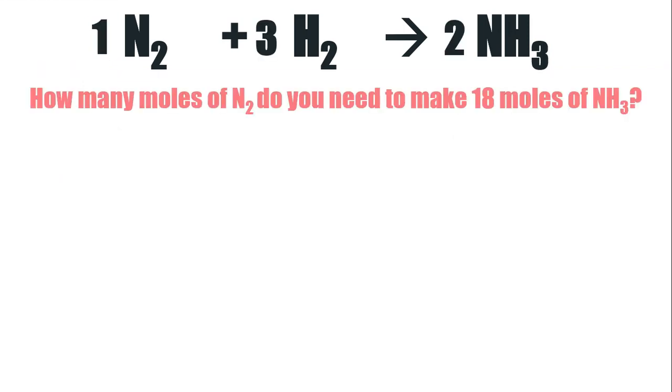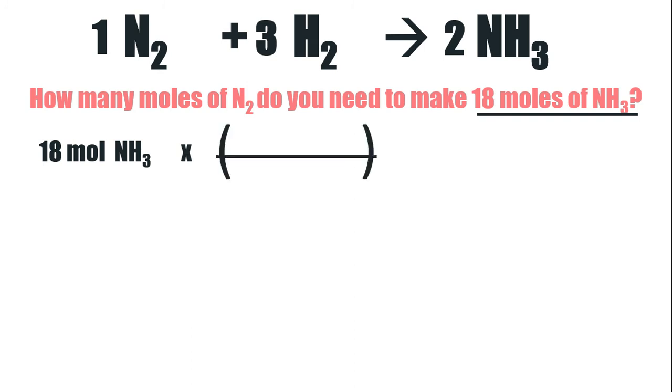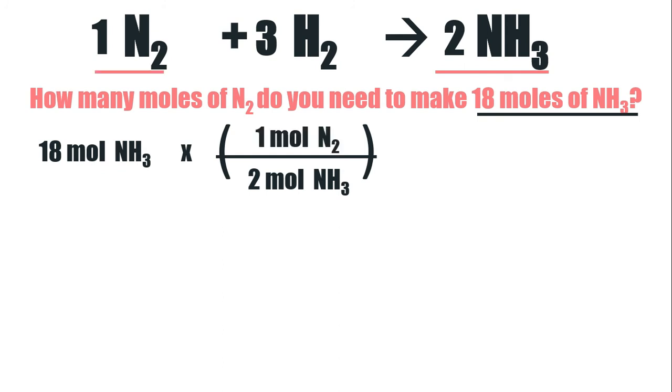Let's consider this problem. How many moles of nitrogen do you need to make 18 moles of ammonia? Again, you have to start with the given: 18 moles of ammonia. Then multiply this by the ratio. Since the given is ammonia, we have to put it in the bottom, then copy the coefficient. Since we're looking for the moles of nitrogen, you have to put it on top, then copy the coefficient.